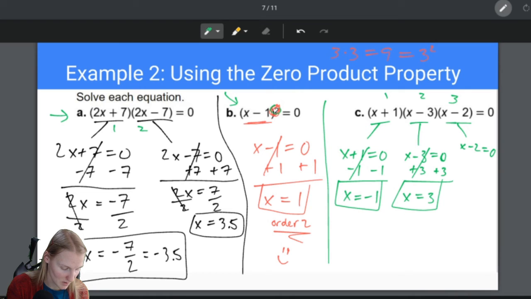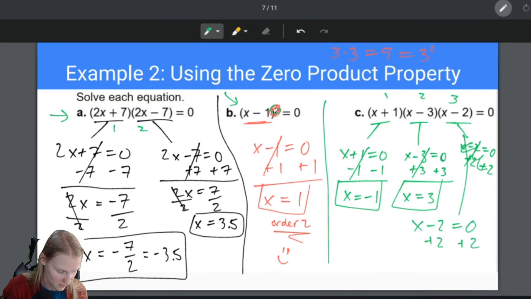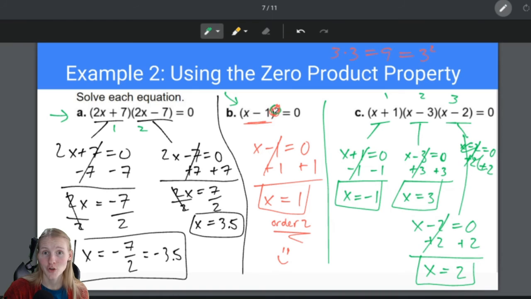And this last one, I just need to add 2 to both sides. That is messy. Let's put it down here so we can see. x minus 2 equals 0. There we go. Add 2 on both sides, and x equals 2. And there you go.